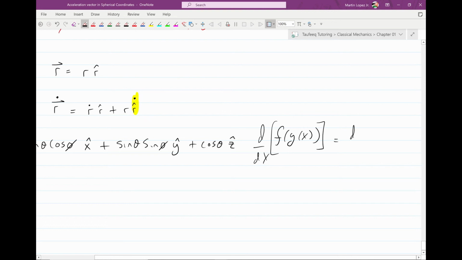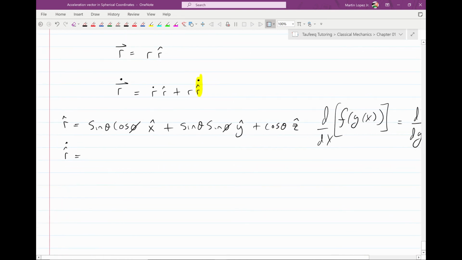Okay, so what is this going to be? This is going to be the derivative. You can work inside out or outside in, so this is going to be df dg times dg dx. All right, so you have to take the derivative of the outer function with respect to the inner function, and then the derivative of the inner function with respect to x, and you keep kind of going in those onion layers.